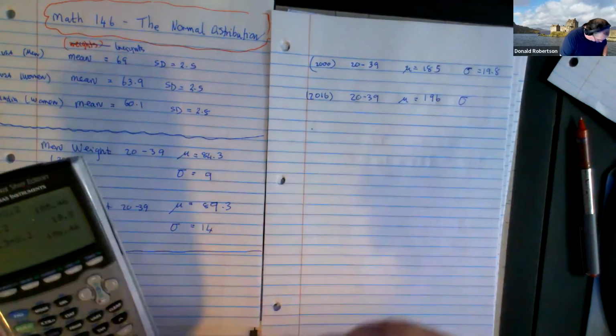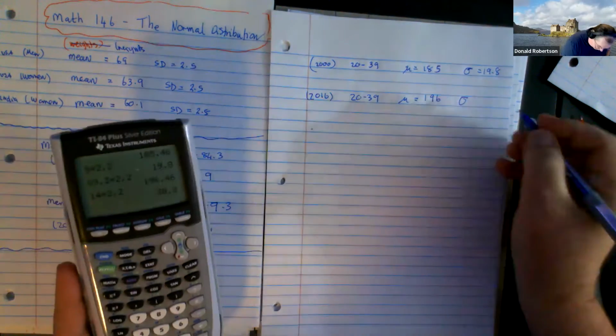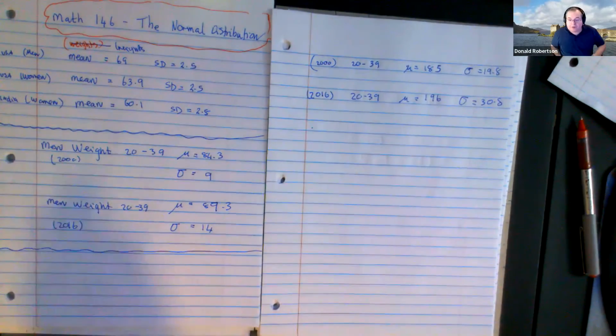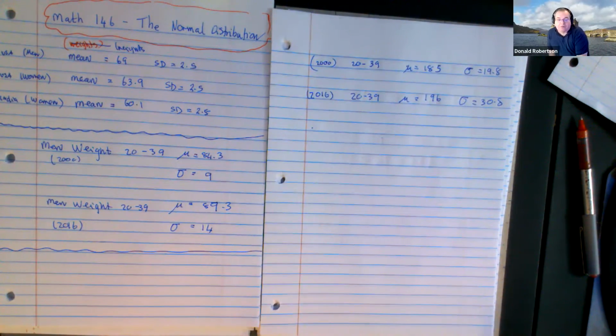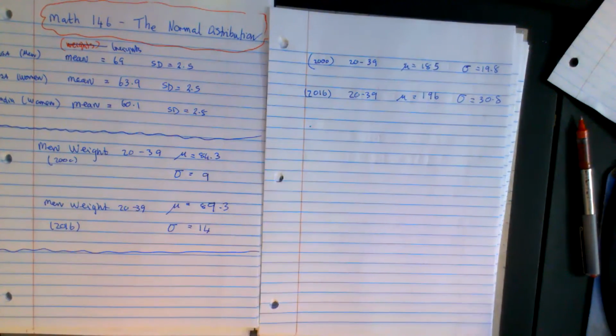And the standard deviation was much larger as well. What does that tell you about males in America over that basically 6-year period? If you compare them, generally gotten heavier. We have.